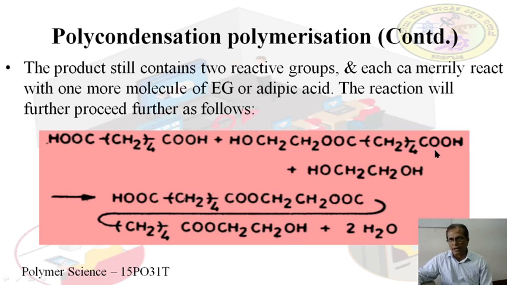Similarly, on the other end, this carboxyl group and hydroxyl group will react with each other, and again one more linkage will be there, thereby this is going to link up with this. So the reaction product will be of lengthy structure, and 2 moles of water are going to evolve at this stage.